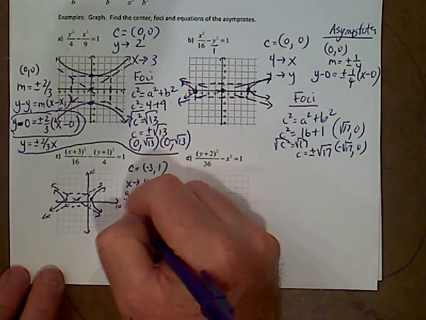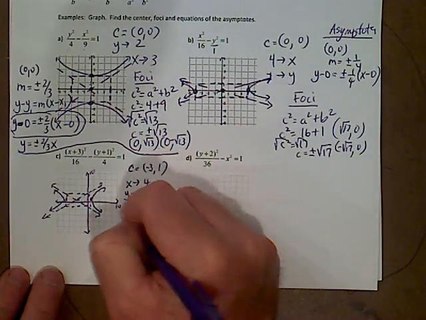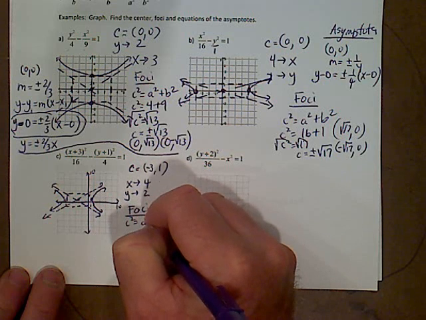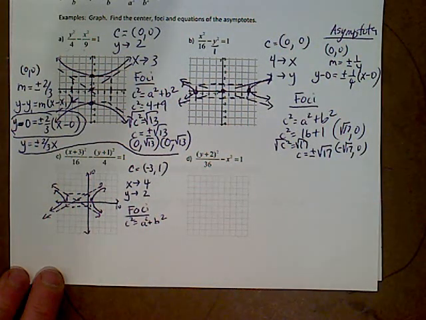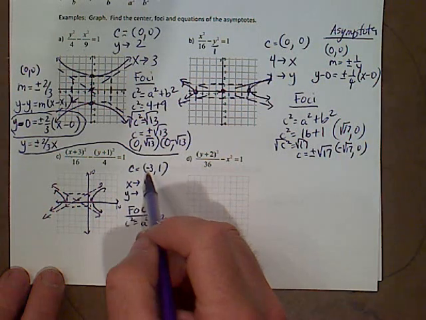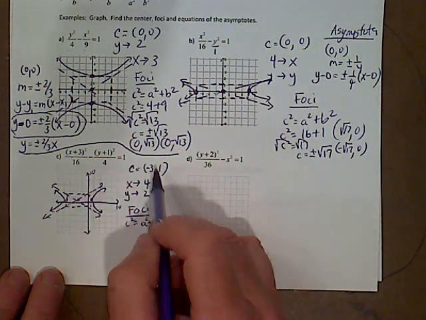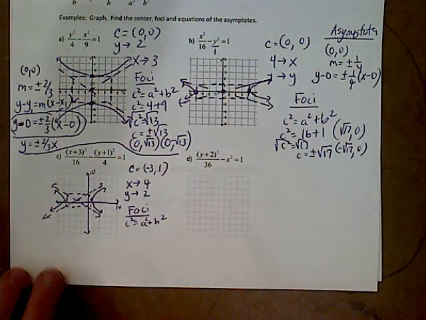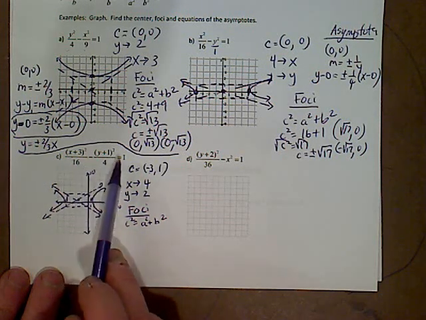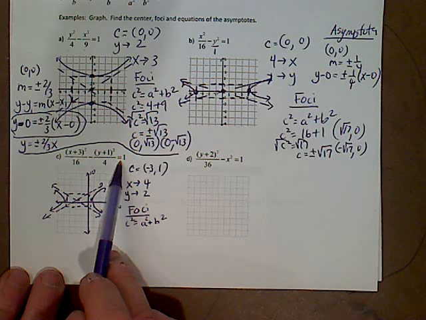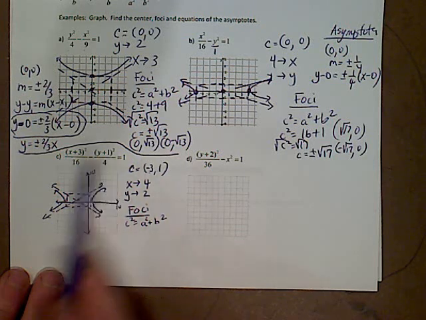For your foci, you're going to do c squared equals a squared plus b squared. We're going to add and subtract to the x part of the center because x is first. Again, how do you know you have a hyperbola? Fractions minus equals 1. Really, to be honest, the big thing is minus and equals 1.